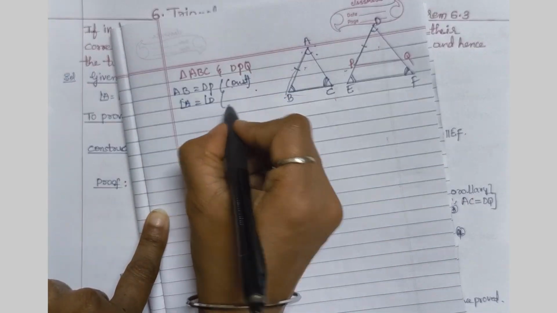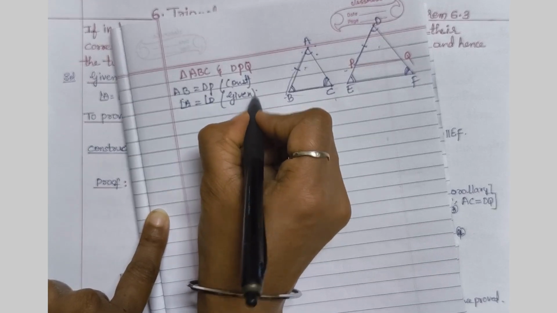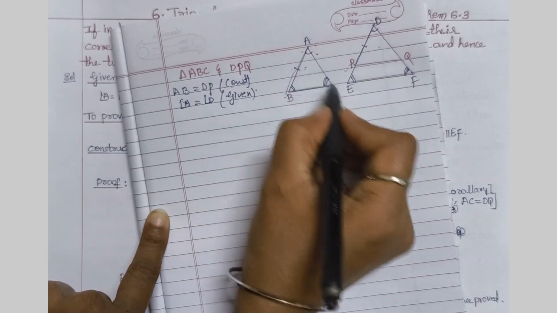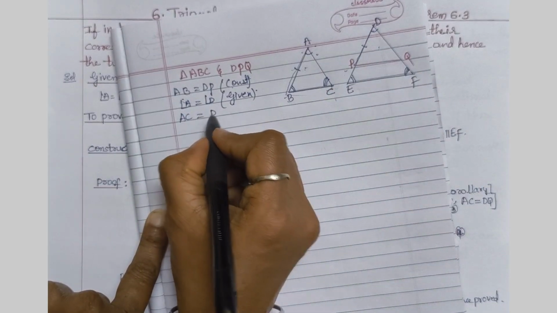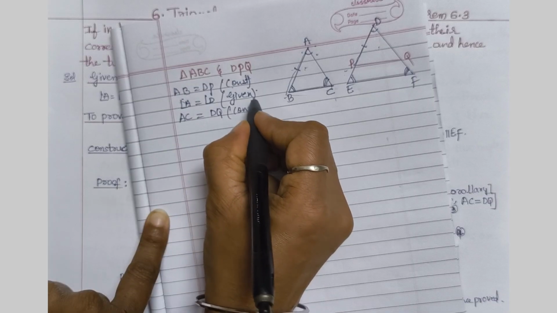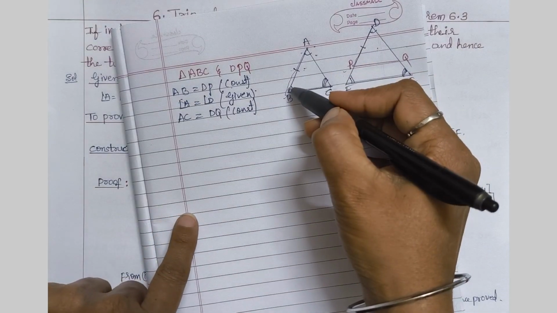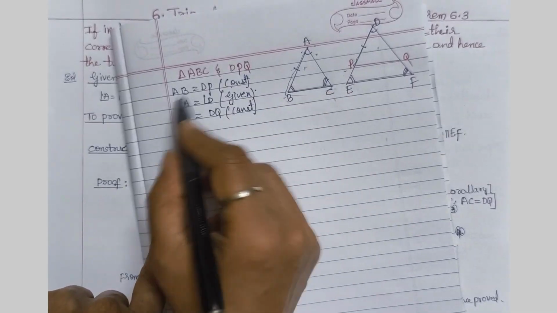It is given in the question. Next, AC equal to DQ. Both are equal. Why? By construction.